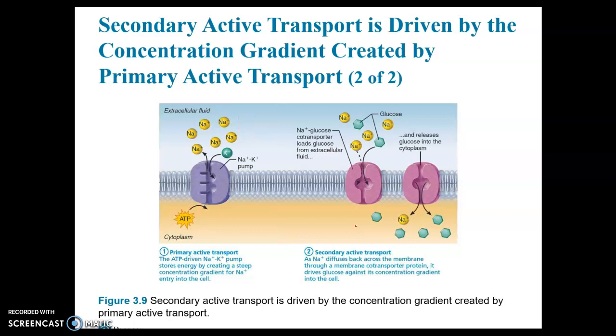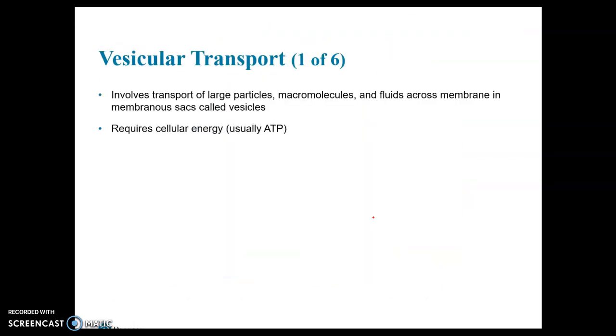So the secondary active transport is going to allow for the diffusion, passive transport of sodium and glucose at the same time. So it's using the energy from the concentration gradient created by sodium. Since the sodium is going to diffuse in, it's going to take the glucose with it. And that is the secondary active transport part.